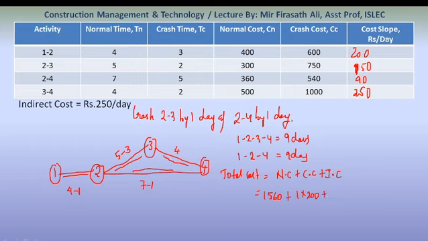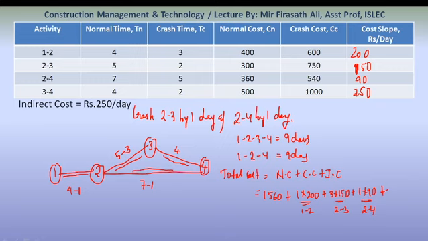Plus activity 2 to 3 by 3 days, 3 into 150, plus 1 into 90 for activity 2 to 4.